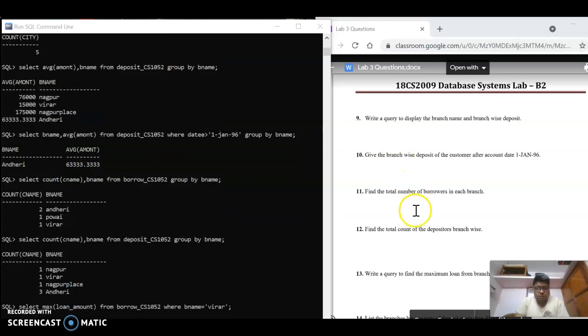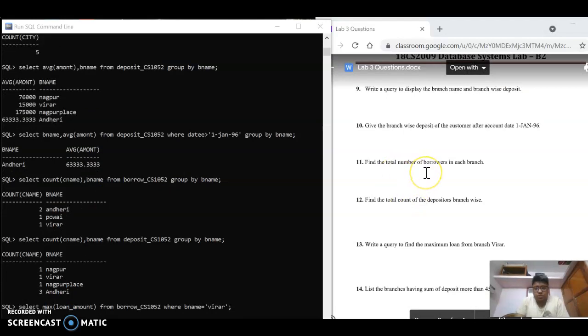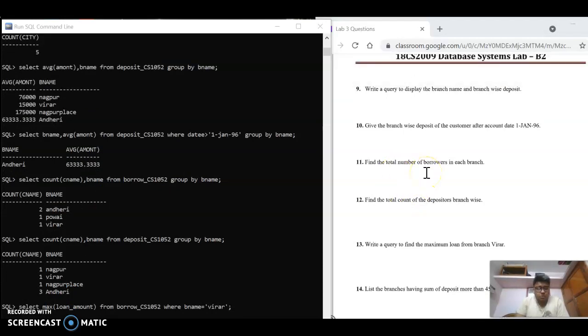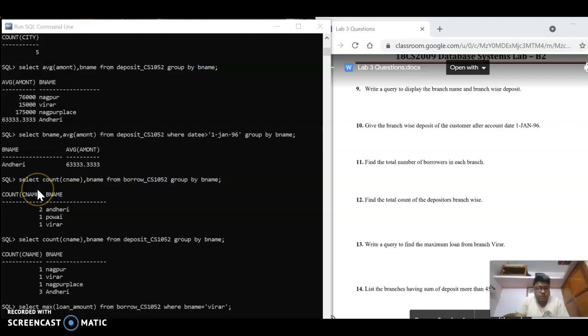And moving on to the 11th question, find the total number of borrowers in each branch. So here is the answer: select count from the borrow table group by B name. So this is that output.